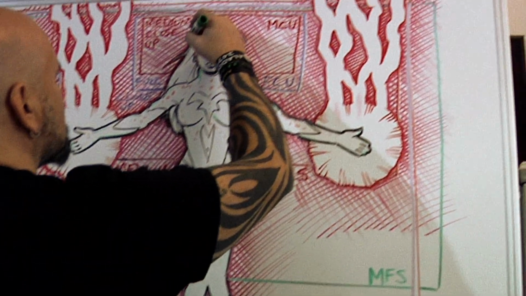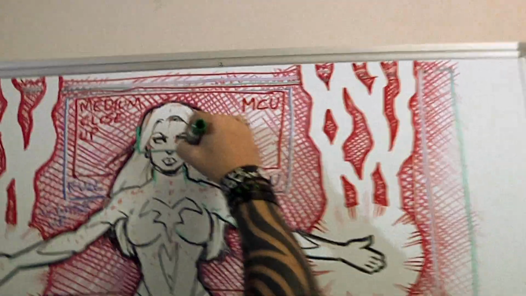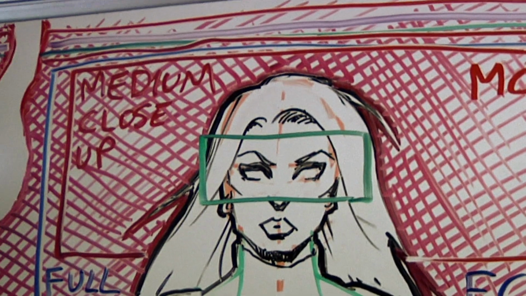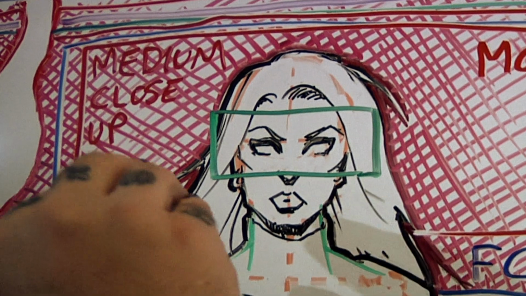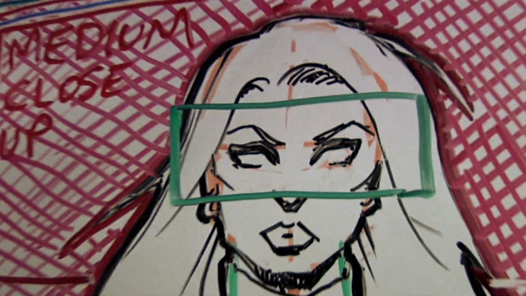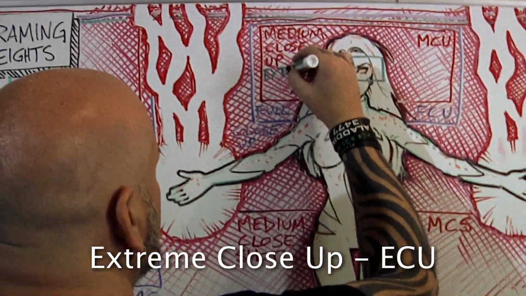This could be an extreme close-up, or this could be an extreme close-up where it's just of an eye. You could have an extreme close-up, for example, something like this, where it's just the eyes, or you can have an extreme close-up even closer of the mouth or just the eye. That is really up to you, but this is the extreme close-up.